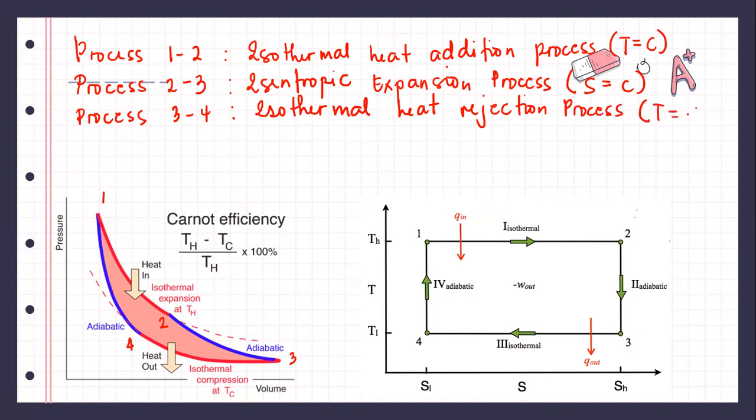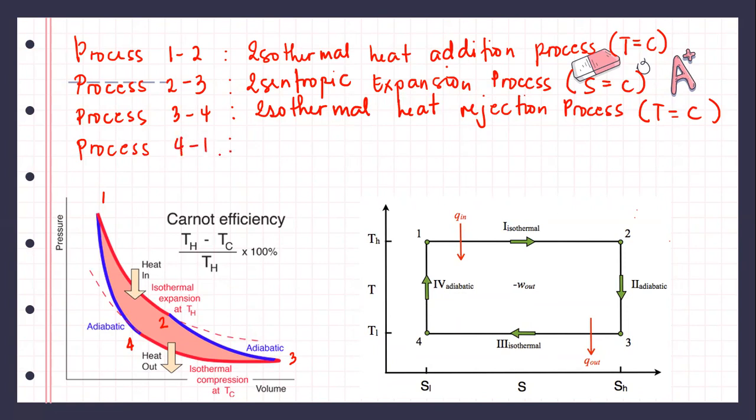Temperature again is constant. Okay. For process 3 to 4, a reversible isothermal compression during which the heat is transferred from the working fluid to the low temperature reservoir. And we have the process 4 to 1.